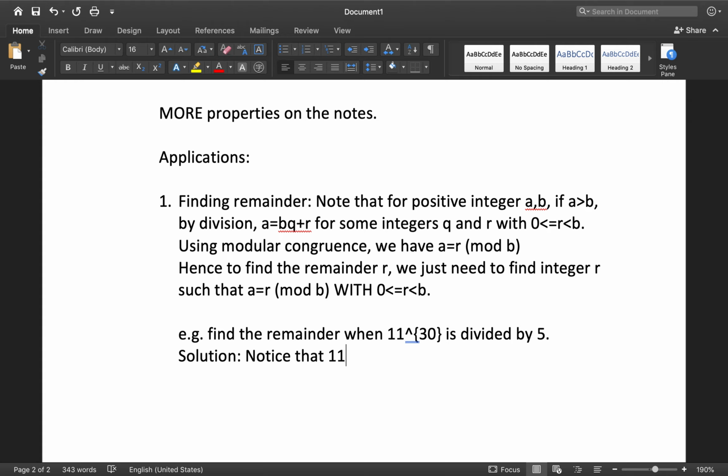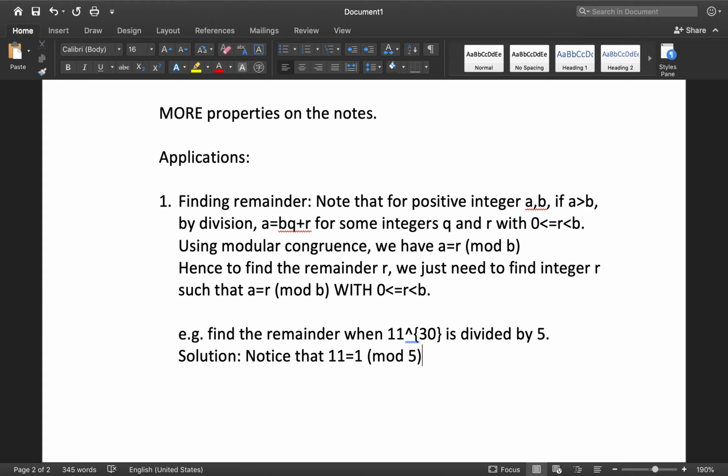This is a very useful method in order to get the remainder, because the original number is too big. If you cannot do that, there's no way you can get the remainder. So first, you observe that 11 is in fact congruent to 1 modulo 5. Why modulo 5? Because you are dividing numbers by 5, so you have to take the congruence with respect to 5.